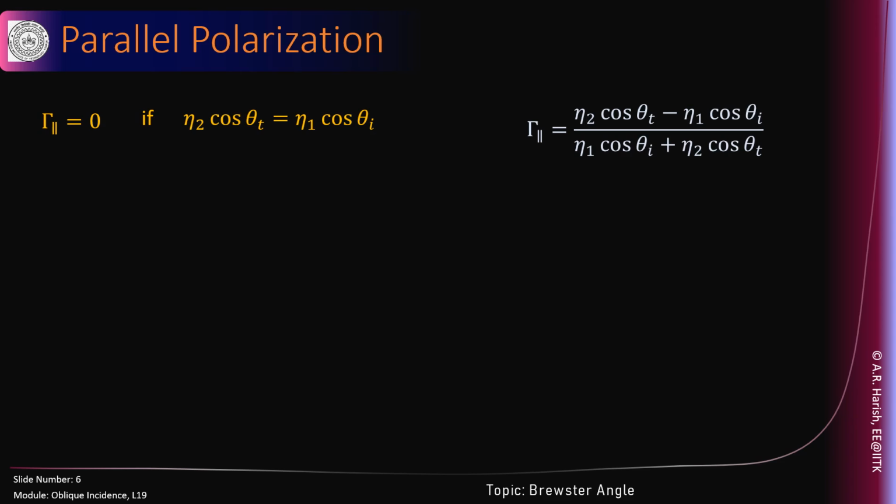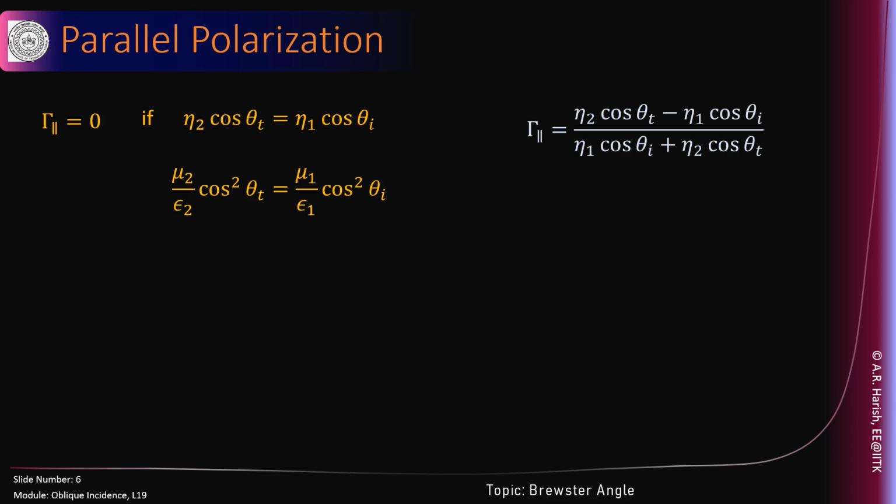This will happen if we choose eta 2 cos theta t equal to eta 1 cosine theta I. Basically, when the numerator of the reflection coefficient becomes 0, gamma parallel is 0. Therefore, this condition has to be satisfied. When this condition is satisfied, we can find an equivalent equation for the value of theta I.